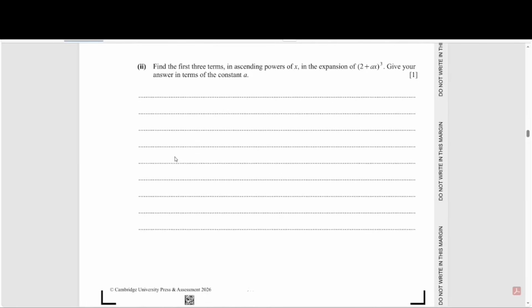Then part B also says that we have to find the first three terms once again in ascending powers of x in the expansion of this binomial. So here our n is 3, our a is 2 since we want to go ascending, and b is ax only.